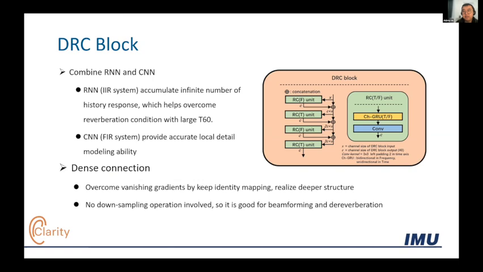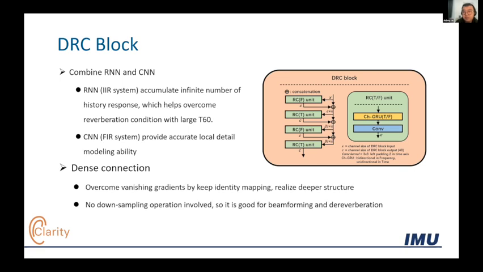Another important fact is that DRC-Net combines RNN and CNN together. RNN can accumulate infinite history response for long sequence modeling, which is more effective than CNN and does not require caching history features. However, RNN is based on memory, so local details cannot be fully preserved, and CNN has better ability to model local details.